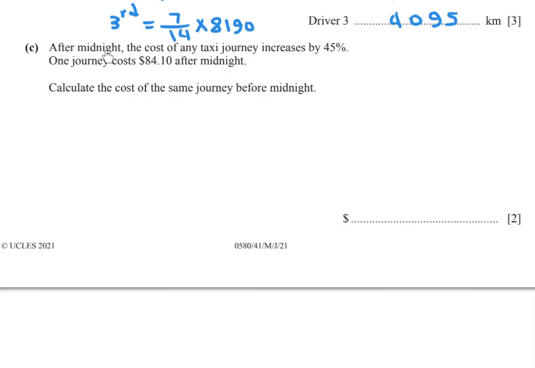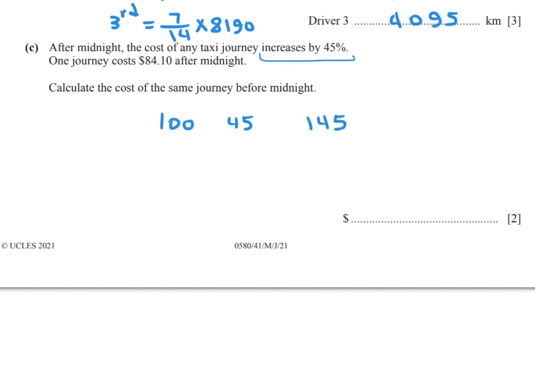C. After midnight, the cost of any taxi journey increases by 45%. One journey costs $84.10 after midnight. Calculate the cost of the same journey before midnight. So it increases by 45%. This means it was 100, increased by 45, then after the increase 145.